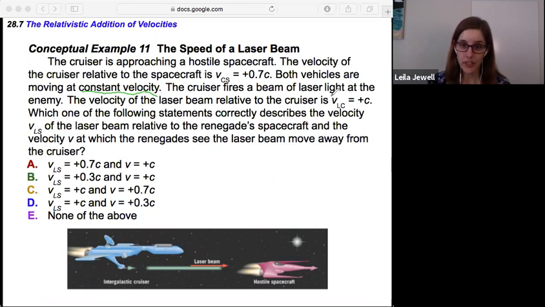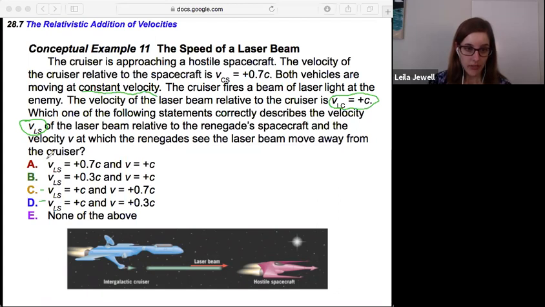So we see that the cruiser observes the laser beam relative to the cruiser at the speed of light, so that checks out, and it should be the same for the laser beam as observed by the spacecraft, that this should also see it moving at the speed of light, which leaves us only C or D here, right?